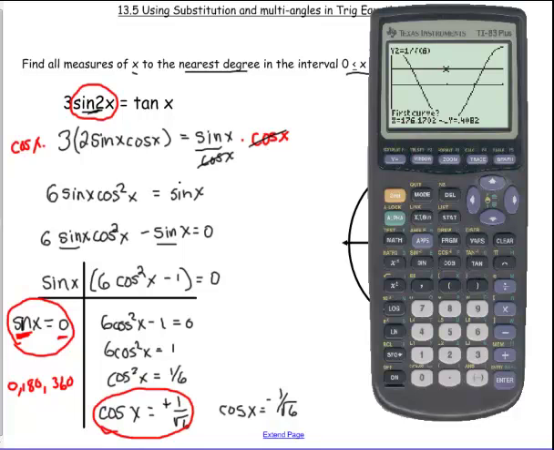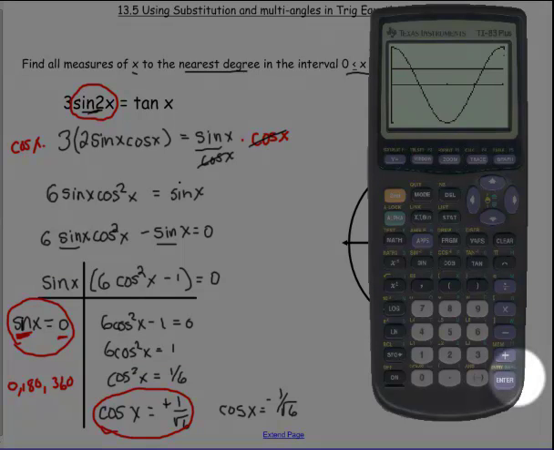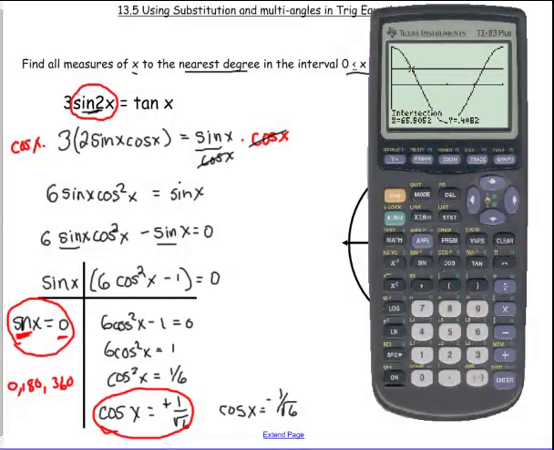There it is. Let's shoot over, and let's get the reference angle first. 1, 2, 3. My reference angle is 66. So I'm going to have 66.